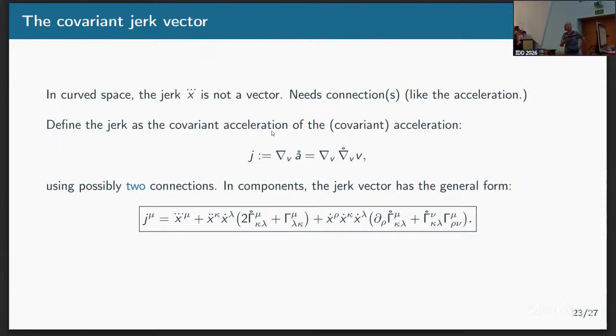The same thing, we define the covariant jerk as a covariant derivative of the acceleration, and we allow for the fact that these two connections needn't be the same, because always when you play with a connection, there is freedom. Physical things shouldn't depend on the choice of your connection. Basically, you can move things from the contortion to the non-metricity and stuff like this. So you always have the freedom in choosing connection.